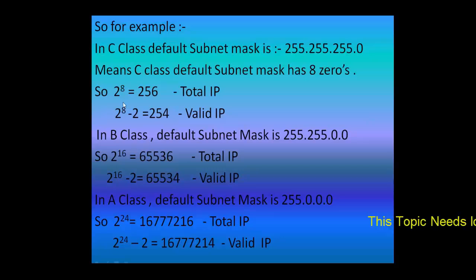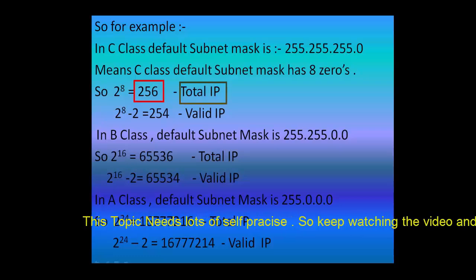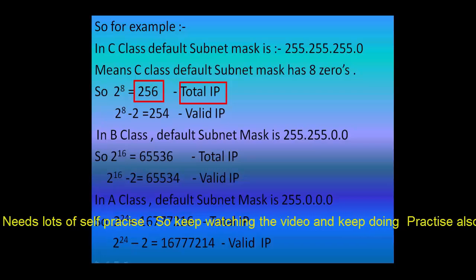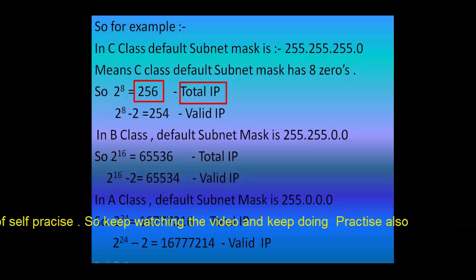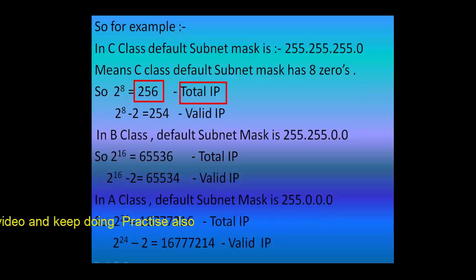So 2 raised to power 8, 256. So total IP can be 256. And I have told you 2 IPs are reserved there. One is the first one and one is the last one. First one is the network IP and last one is the broadcast IP.